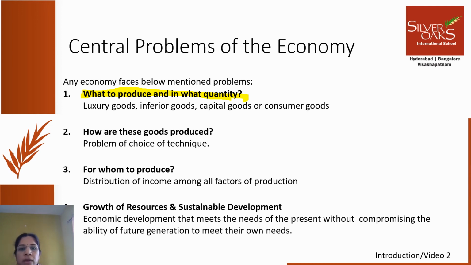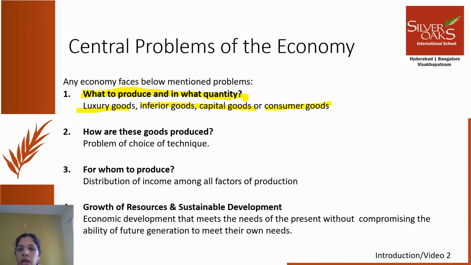Now when we say what to produce, should the economy focus on producing luxury goods or inferior goods or capital goods? What are capital goods? Capital goods are the goods which help in the production of different kinds of goods, like heavy machinery. All these are called capital goods, or consumer goods which are used for regular consumption.